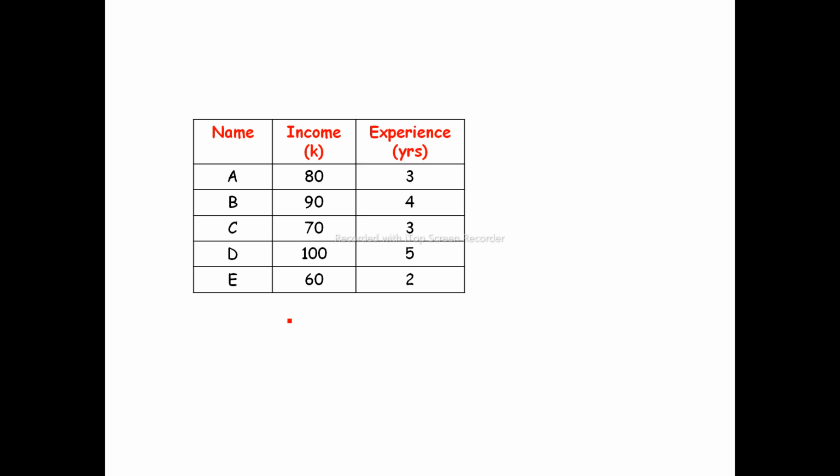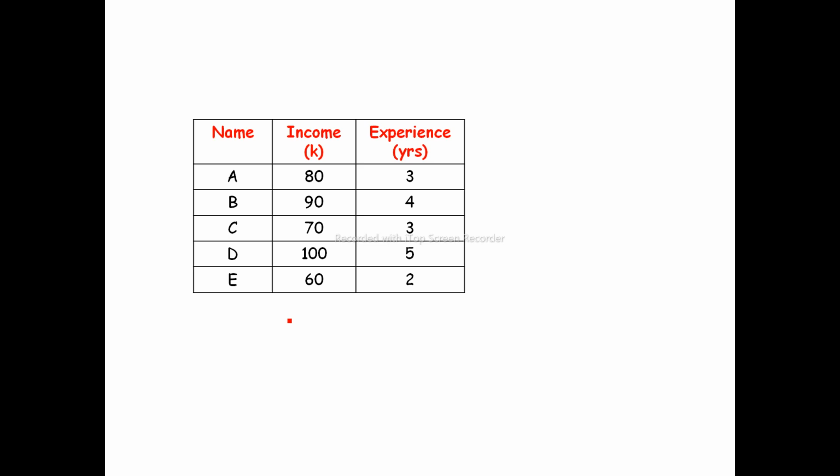Okay. So what do you think, between income and experience, which one is the independent variable and which one is the dependent variable? Obviously, as the experience, so will be the income. If experience is more, income is also more. If experience is less, income will also be less, isn't it?